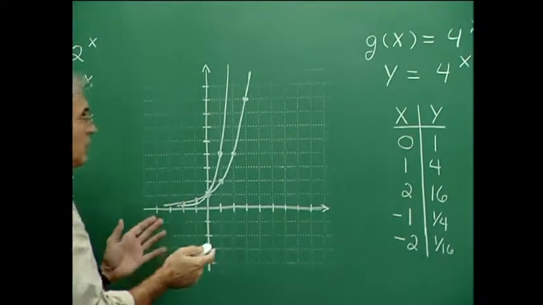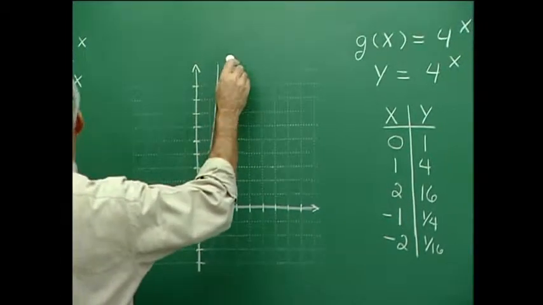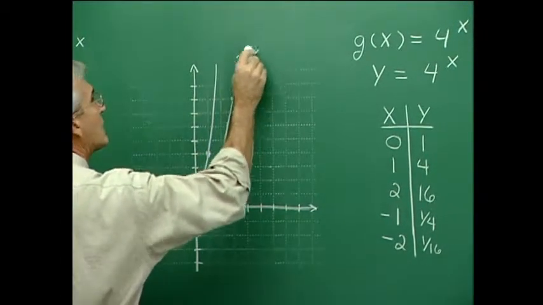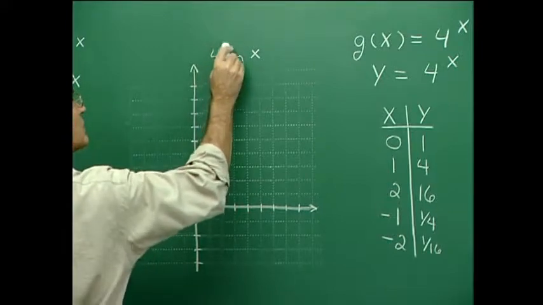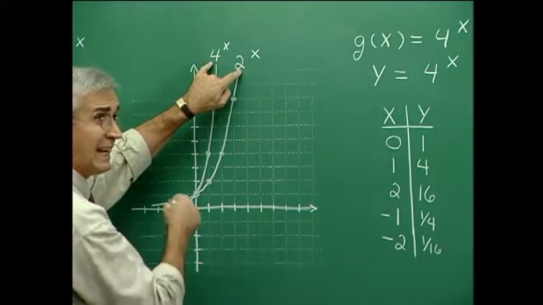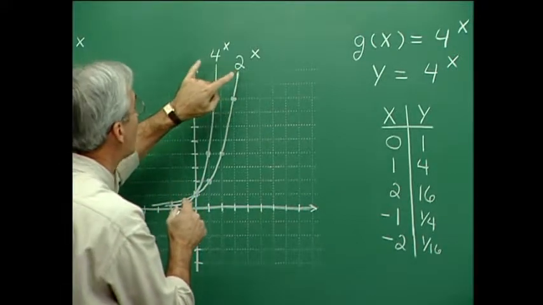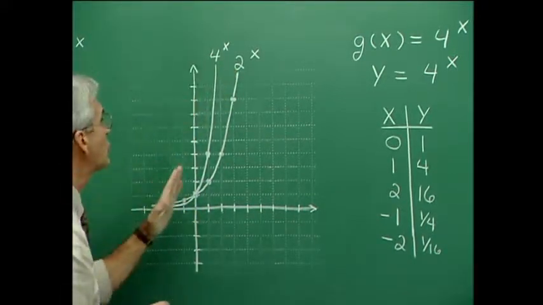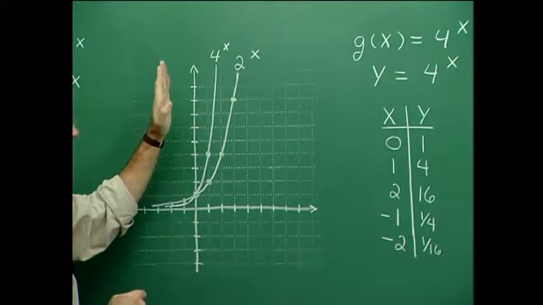Now, from this, we're noticing that if this is the graph of 2 to the x, and this is the graph of 4 to the x, it seems to be the case that as the base of the exponent in exponential functions gets bigger and bigger, the graph rises more and more sharply. And that is the case.